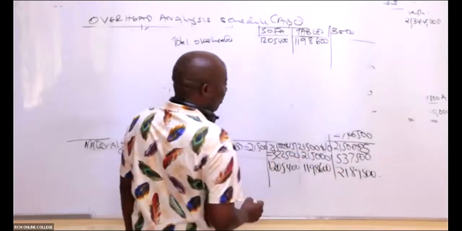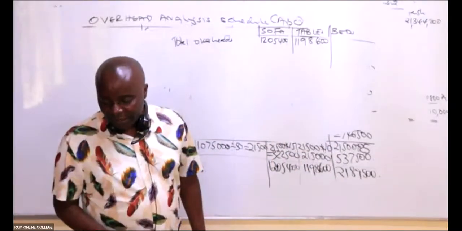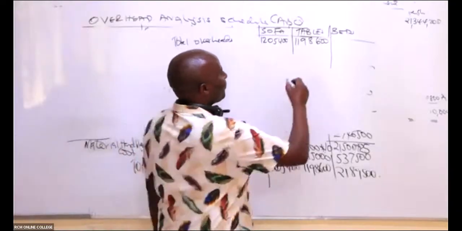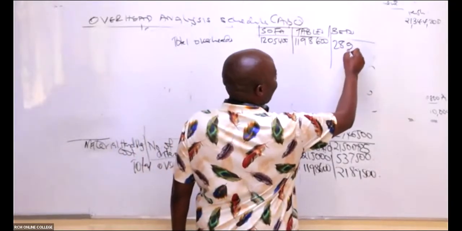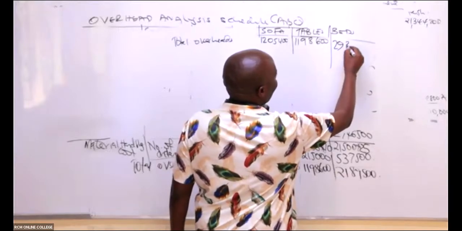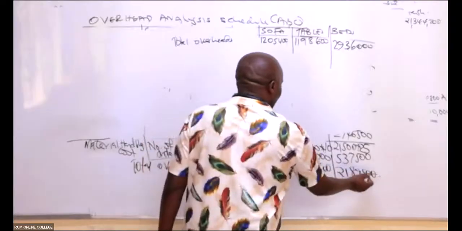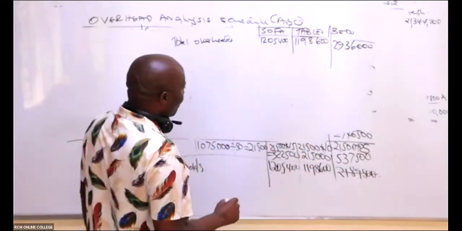Oh, this figure is wrong. No problem. The last figure, 29,36, 289 or 29,000. So please correct this figure. Madam, you can just check where you went wrong.